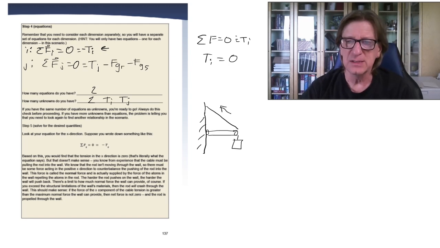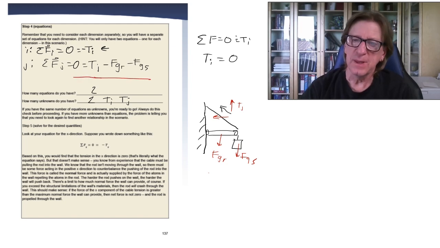And that is the same as saying I have a tension acting this way and a tension acting this way. Now, we can probably understand that Tj needs to be balanced out by our F_g rod and our F_g sign. That's what this equation right here is saying, that all those have to equal 0.